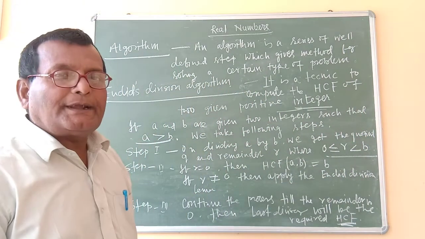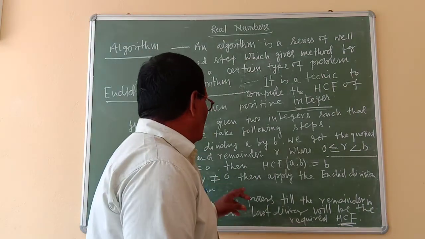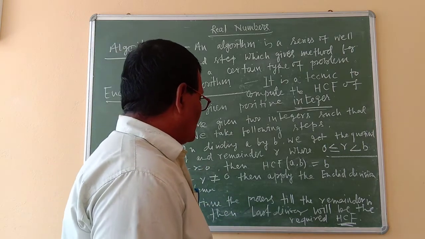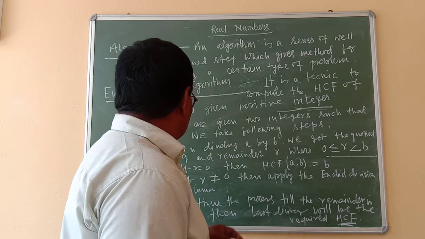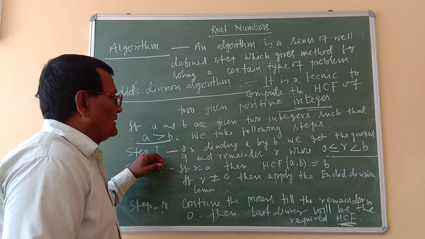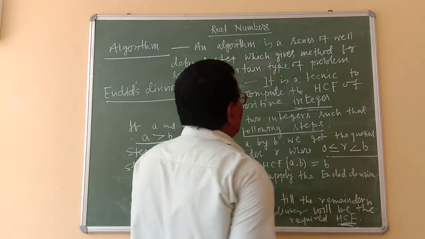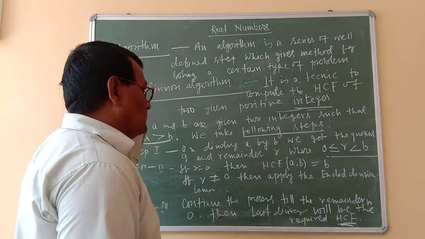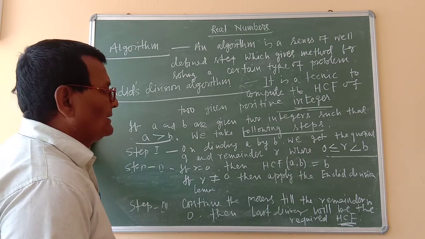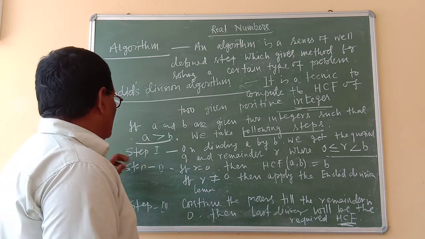So by Euclid division lemma, we can find the HCF of two numbers. Again I describe this for solving two or more numbers.